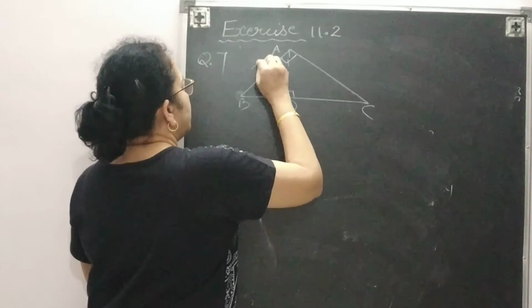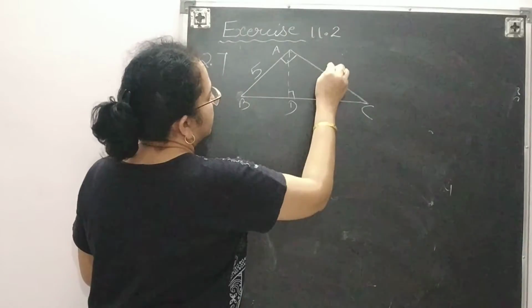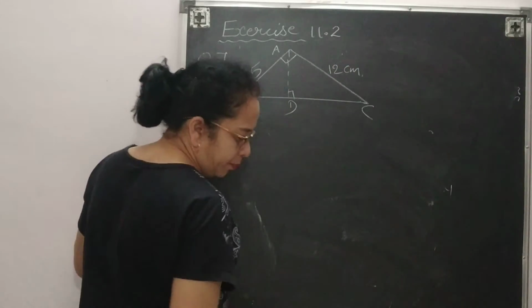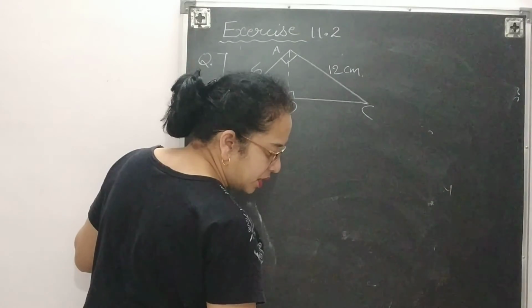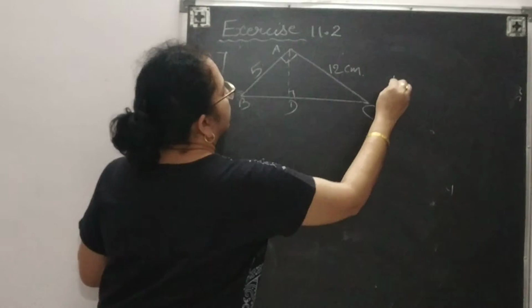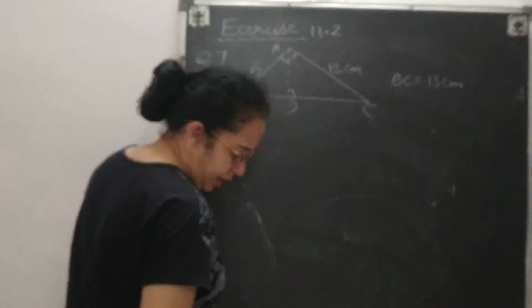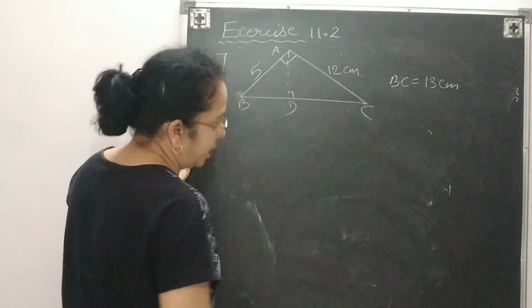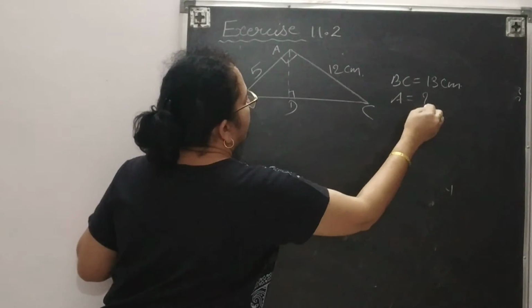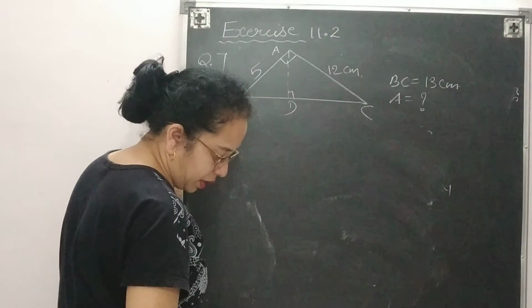With that this is given 5 centimeter, this is given 12 centimeter and BC is given 13 centimeter. You are supposed to find out the area of triangle ABC, that is question mark.